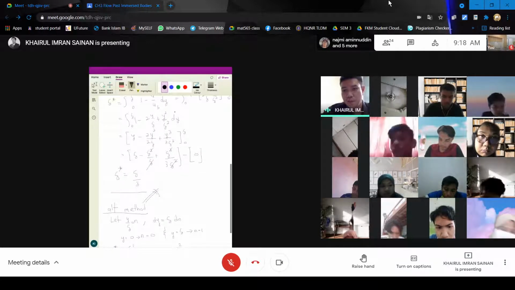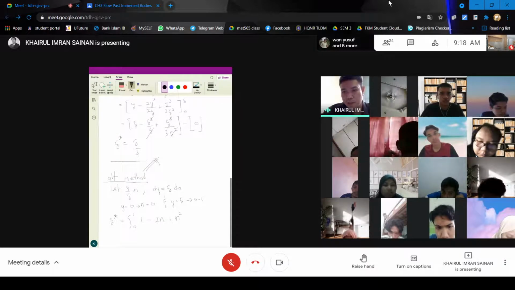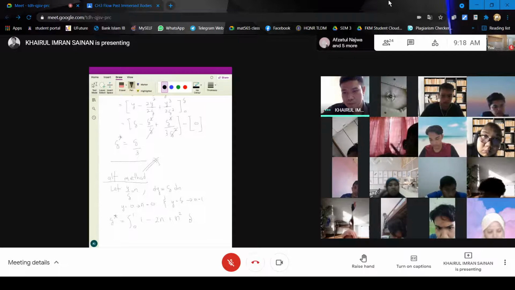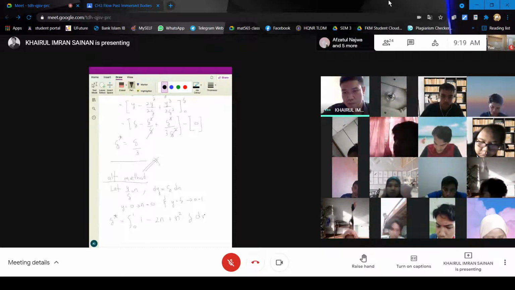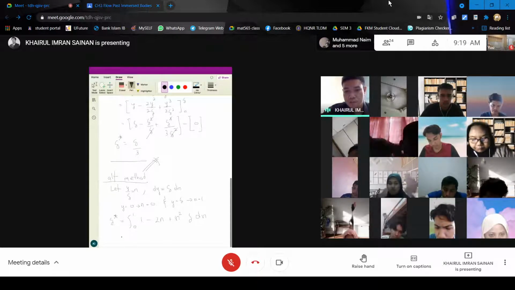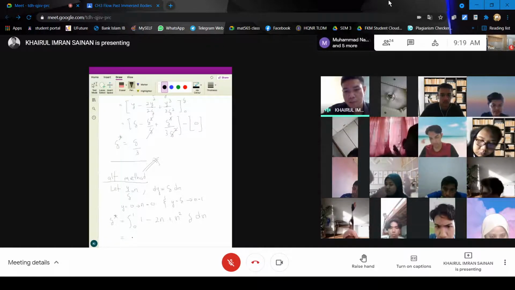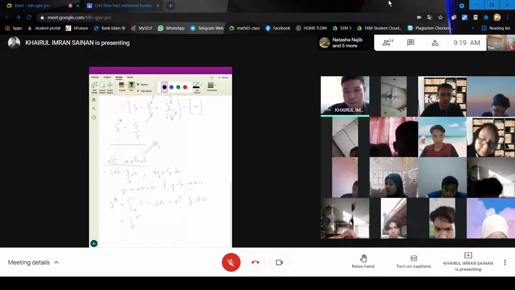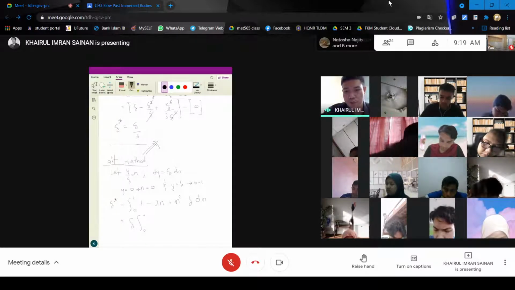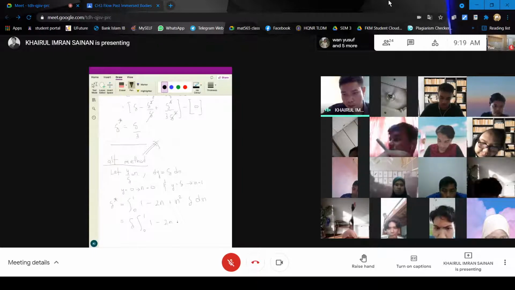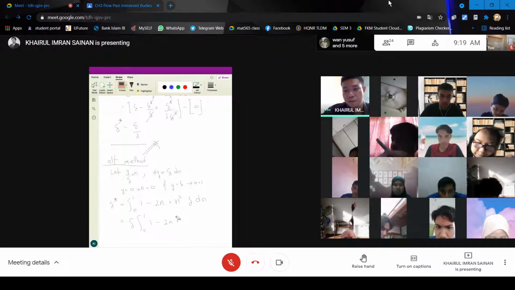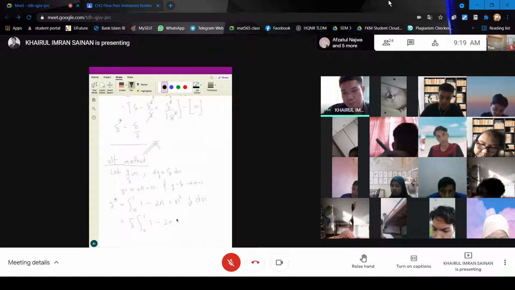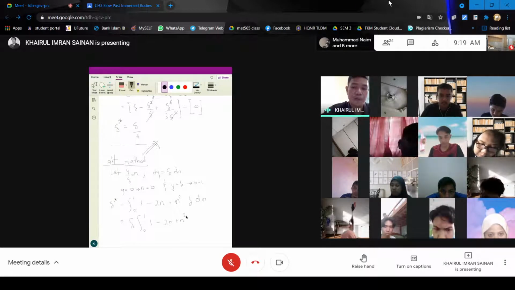And this dy becomes delta dn. Since delta is only a multiplier, we can put it here, and then we're gonna integrate from 0 to 1, 1 minus 2n plus n squared dn.